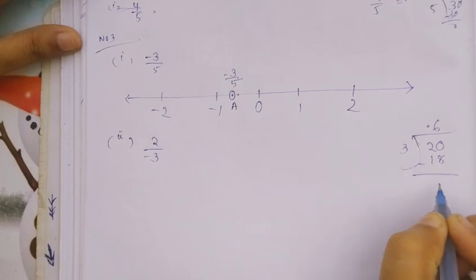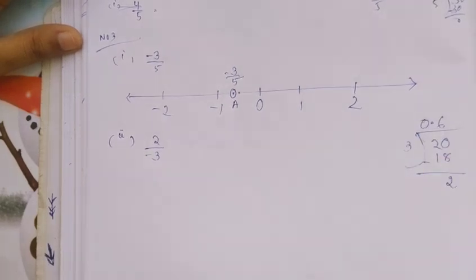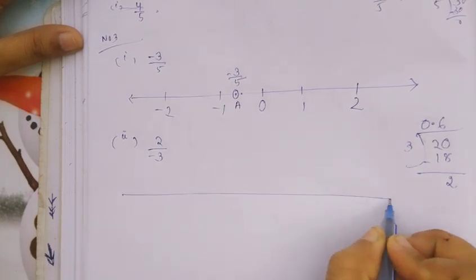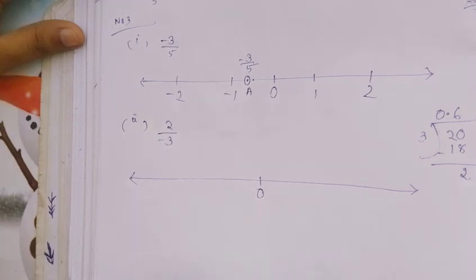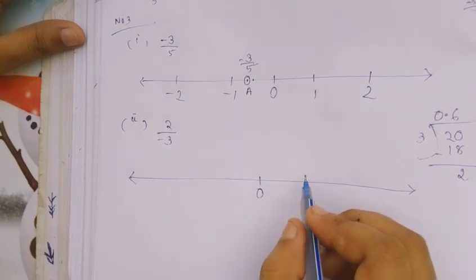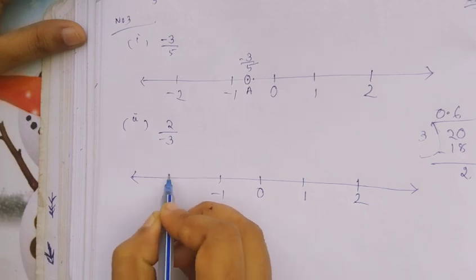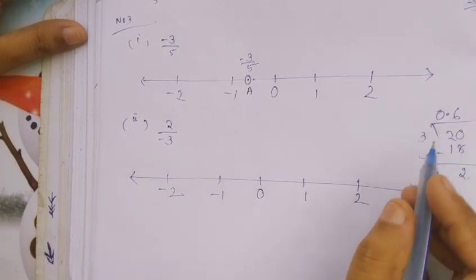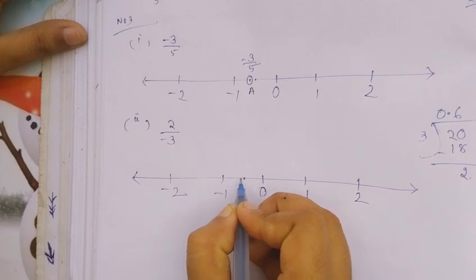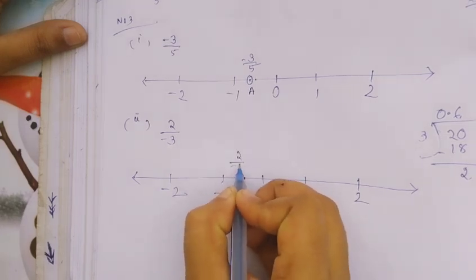Then 20 minus 18 equals 2. Then the answer is 0.6. So first we draw a number line. Then we put the origin 0 and 1, 2. Then here minus 1, minus 2. This is a negative number. So we put 0.5, 0.6. 2 by minus 3.